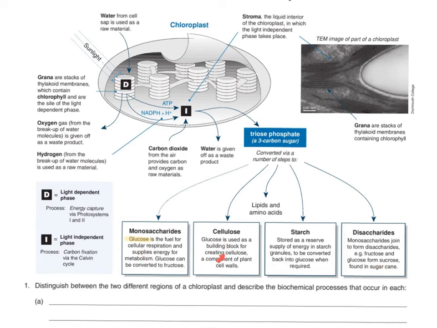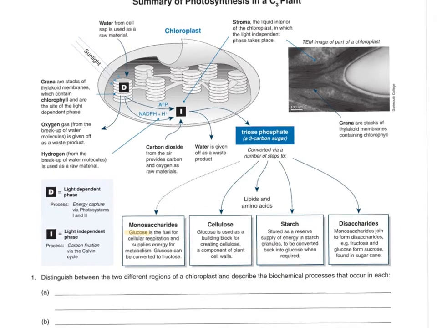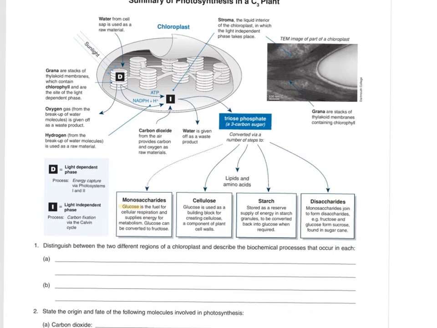Glucose can then be made into cellulose or starch, because remember, starch is a storage form of sugar, cellulose is a structural form of sugar. Disaccharides, which is sucrose, that's the stuff we eat, right? So you can make any of these, and they can be used to make proteins and nucleic acids, etc. Remember, plants make everything for themselves. We eat to get these things, but plants make it themselves.